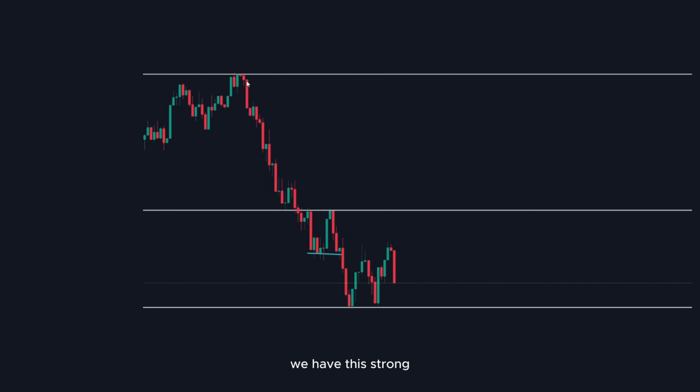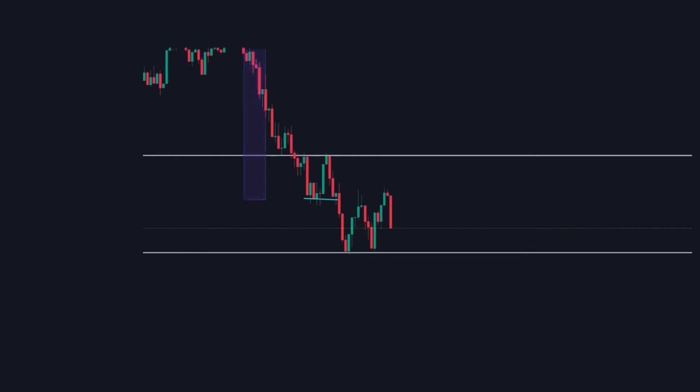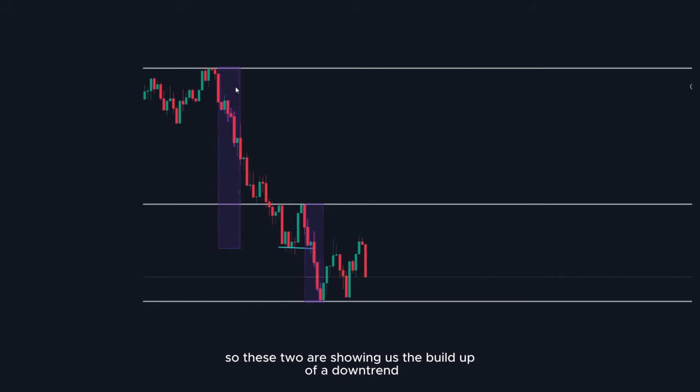We have this strong impulsive move of the sellers to the downside, giving us another strong move to the downside. So these two are showing us the build up of a downtrend.